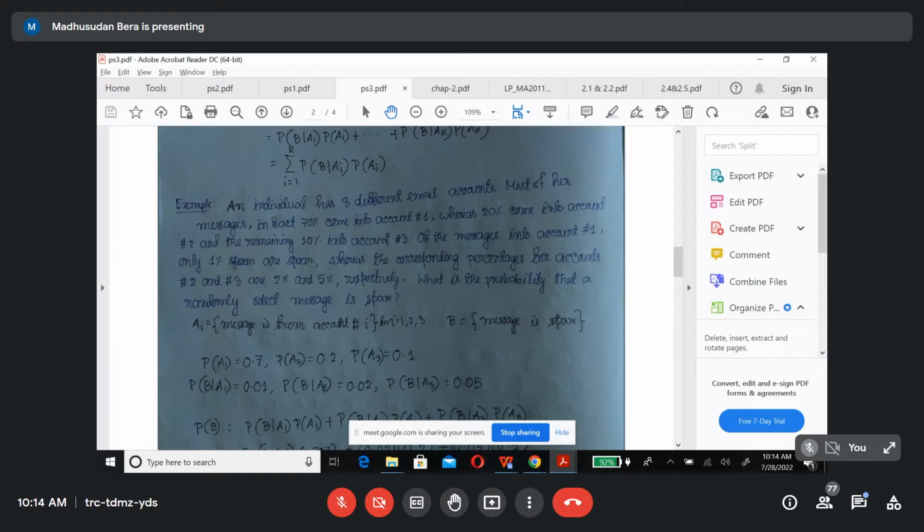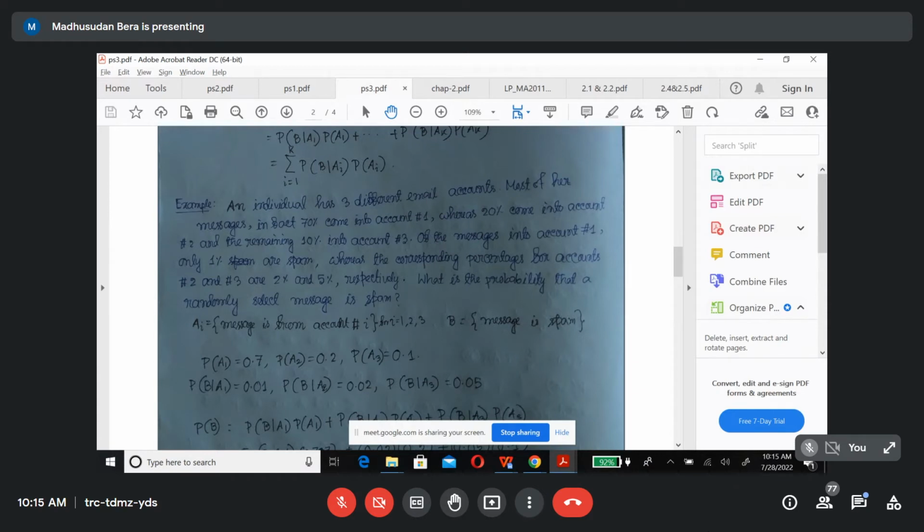Yes, that's why they are mutually exclusive. Are they exhaustive or not? 70 plus 20 is 90, 90 plus 10 is 100%. So if we define Ai as the event that the message is from account i, for i from 1 to 3, then A1, A2, A3 are a mutually exclusive and exhaustive set of events. Is that okay?